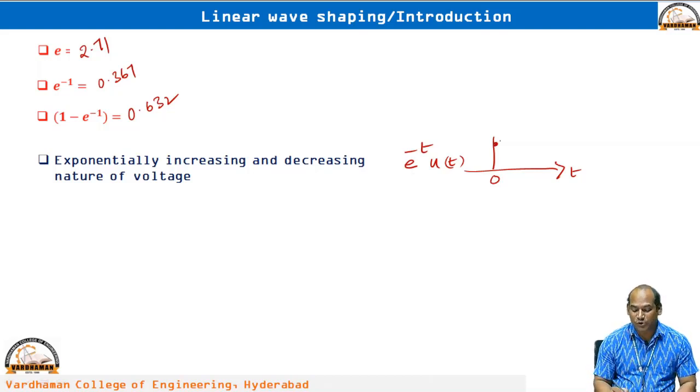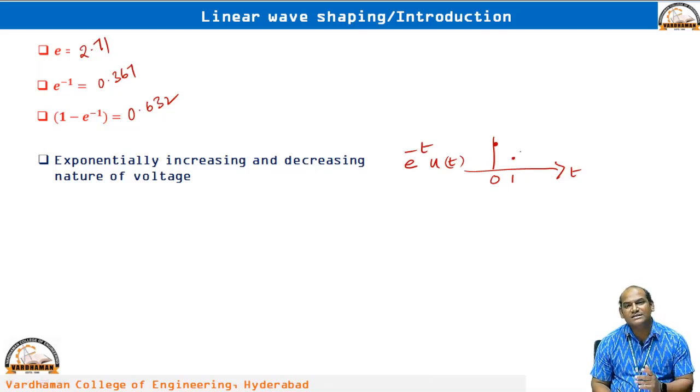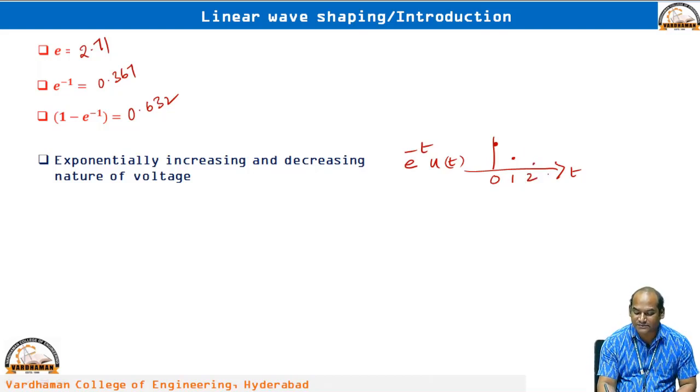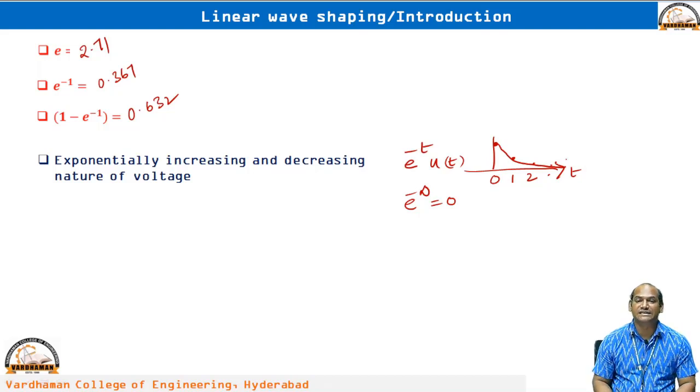If you take t equal to 1, e power minus 1 value I already know, that is 0.367. Like that, if you keep on increasing the time value, the e power minus t value is decreasing. At t equal to infinity, e power minus infinity will become 0. So, e power minus t gives the graph like this, an exponentially decreasing graph.